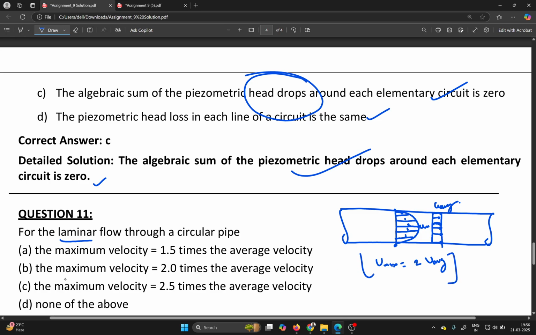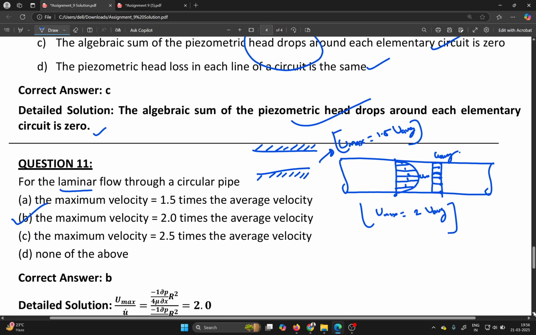Option B will be correct. Sometimes the question asks about parallel plates. So here u max is equal to 1.5 times of the u average. So remember please.